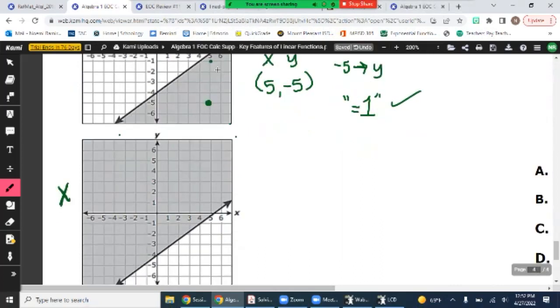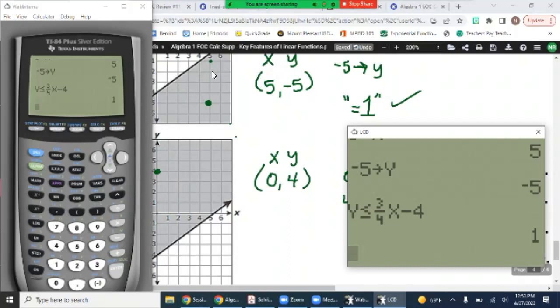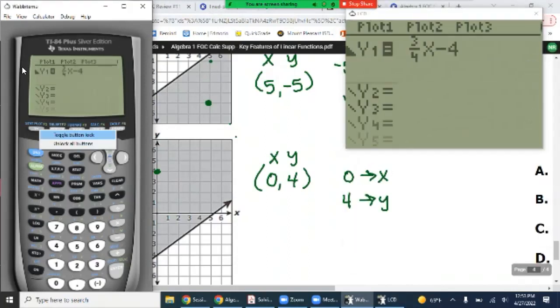Now give me any point in this shaded area for the wrong answer. Give me a safe point. 0, 4. We're gonna use 0, 4. So store the 0 as your X, store the 4 as your Y, and you should get a 0, because it should not be a solution for the inequality given in the problem.